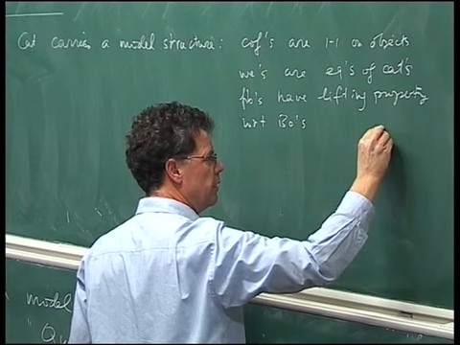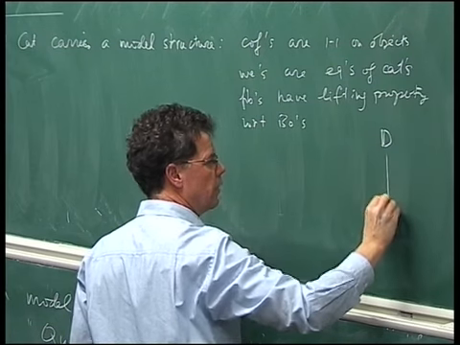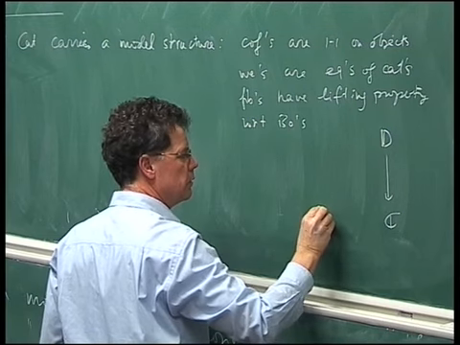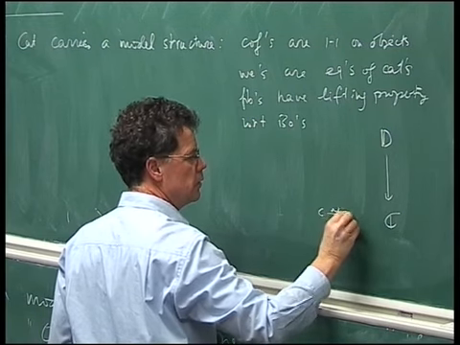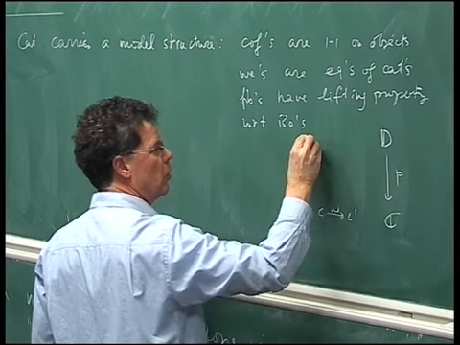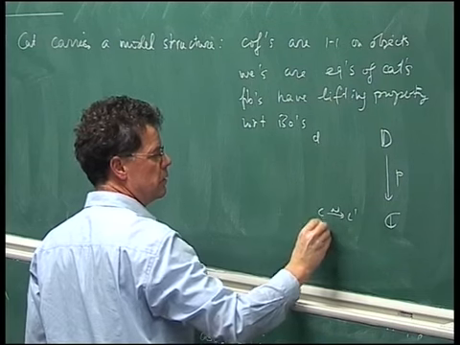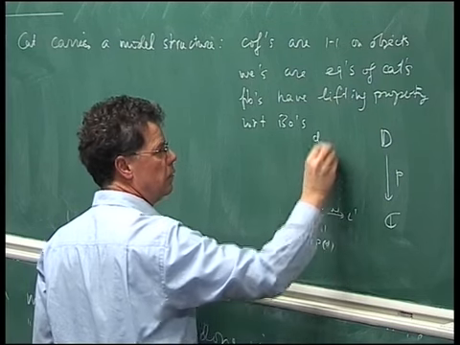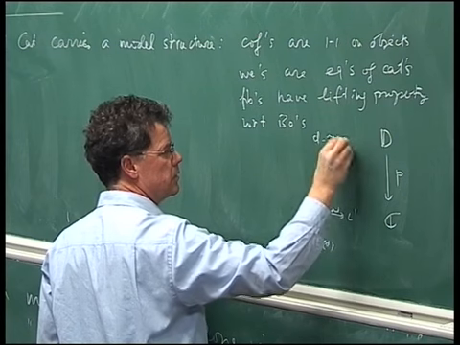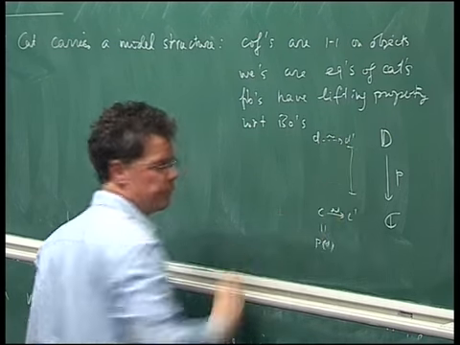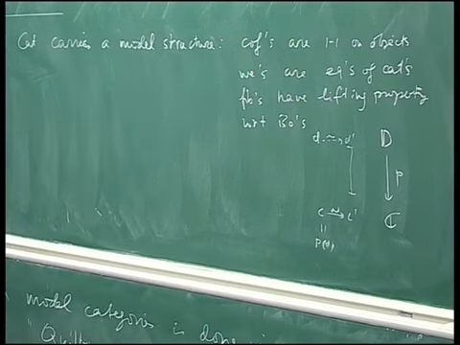If you have a category D and a functor to C, and you have an isomorphism in C, C prime, and you have an object over C, D, so P of D is C, then you can lift the isomorphism to an isomorphism here to some object D prime which maps to C prime. So it's exactly like path lifting, where a path is an isomorphism.